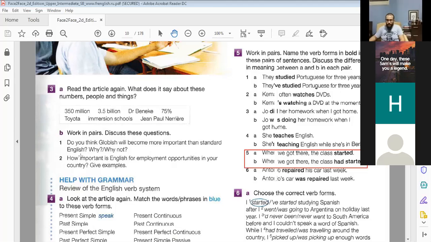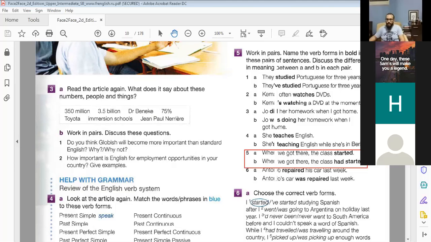When we got there, the class started. When we got there, the class had started. But 5A looks like maybe 3A. Kind of similar, in a way. Because when we got there, the class started.